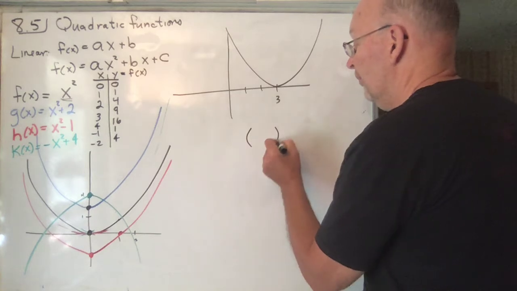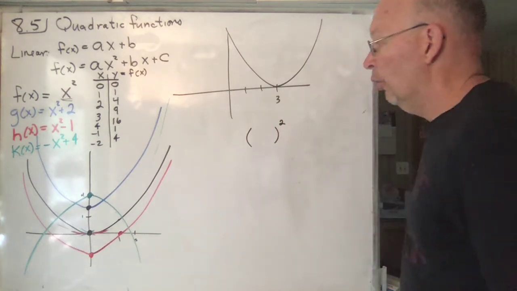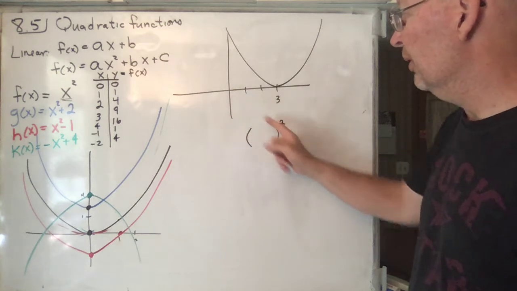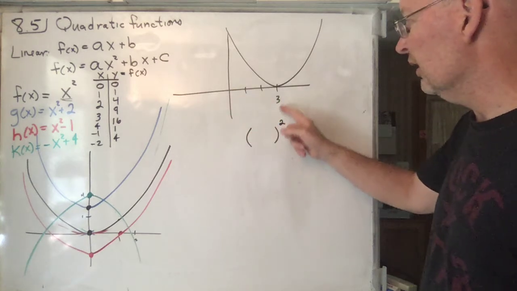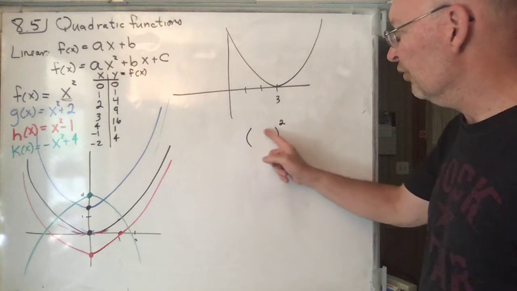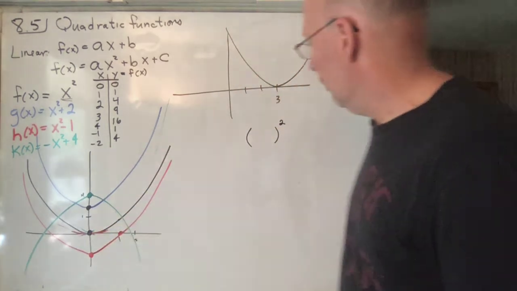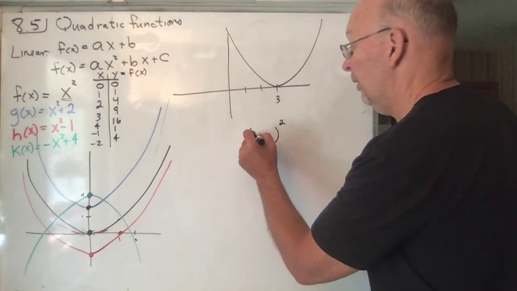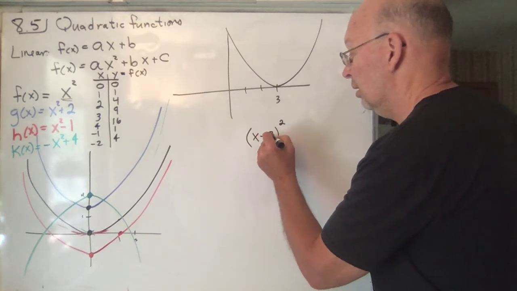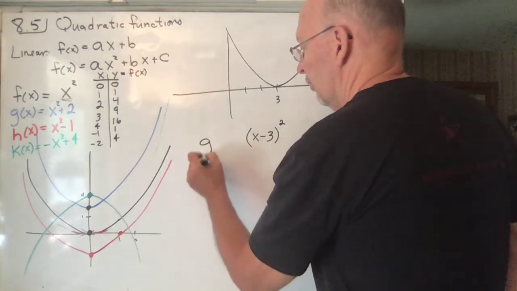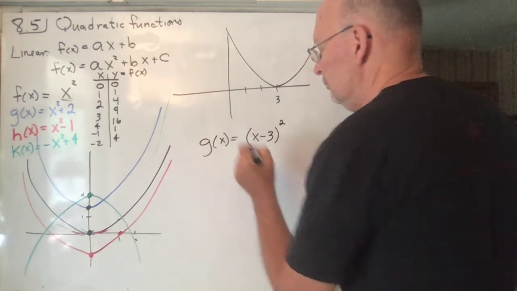So I want something here which is 0 not when x is 0, but when x is 3. What can I put in here so that this thing will be 0, not at 0, but when x is 3? How about this? x minus 3. Call that g of x again.